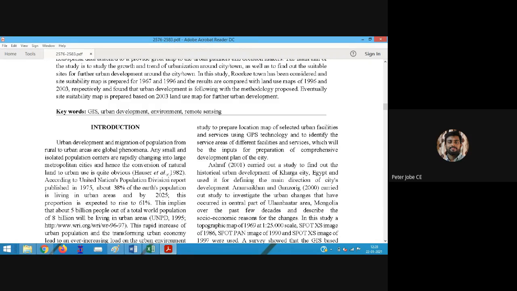So as the migration of population from villages to cities happens, there is a necessity to improve the amenities in the city. And also, there is a necessity to find out the potential areas for residential, commercial, and industrial buildings.